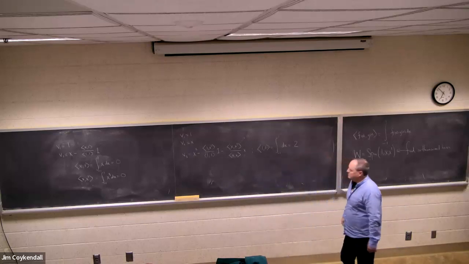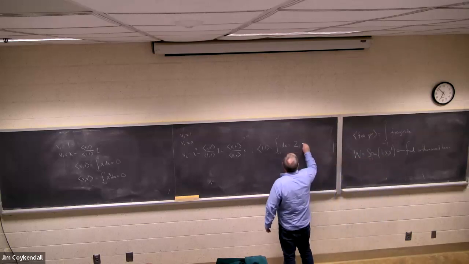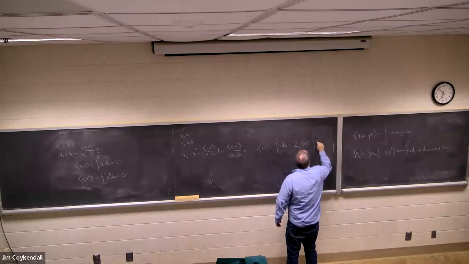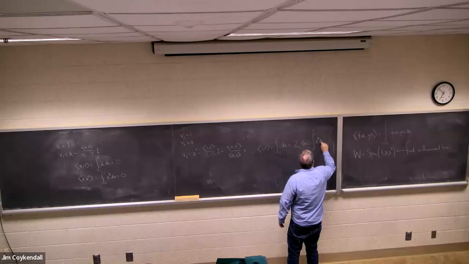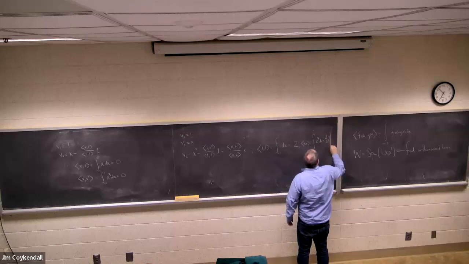And the inner product of x itself is the integral from -1 to 1 of x squared dx, which is 1/3 x cubed, which is 2/3.